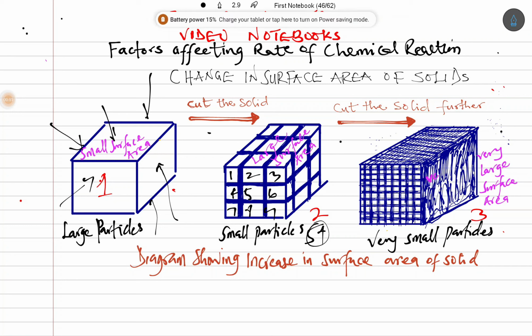For illustration purposes, we have three different solids here: solid 1, solid 2, and solid 3. Solid 1 has very large particles. In solid 2, the particles have been cut into pieces.